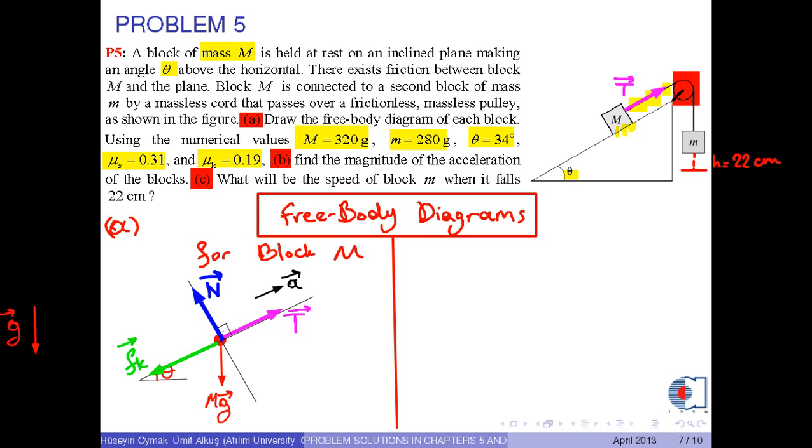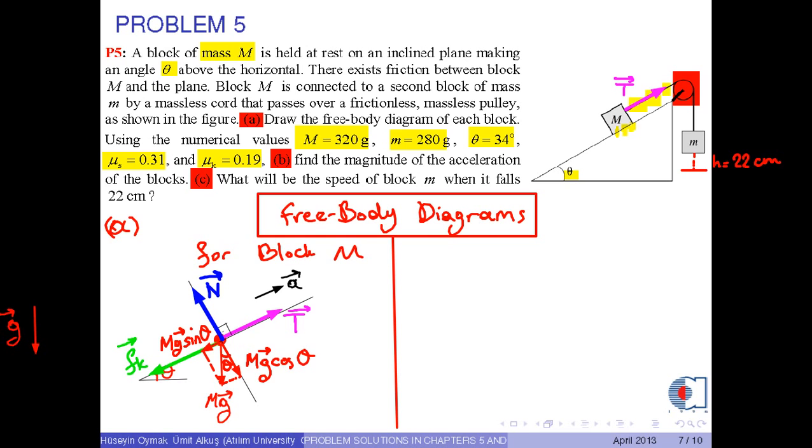For convenience, let's decompose the gravitational force along the lines perpendicular to the inclined surface and parallel to the surface. Angle theta is carried here. The component perpendicular to the surface becomes M times g times cosine theta, and the other parallel to the surface becomes M times g times sine theta.